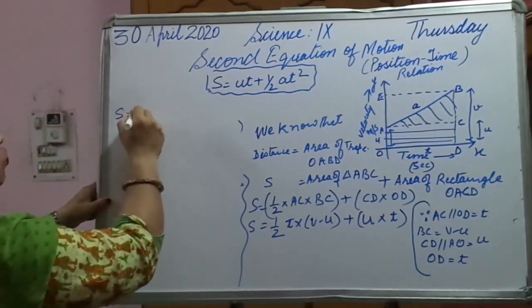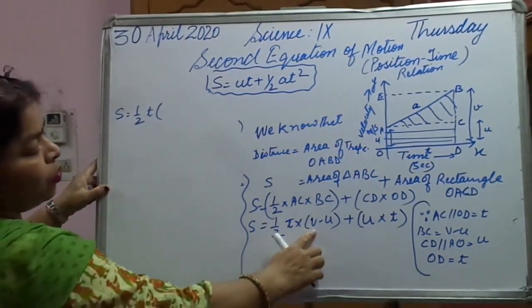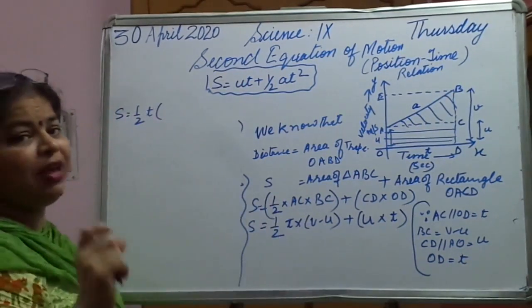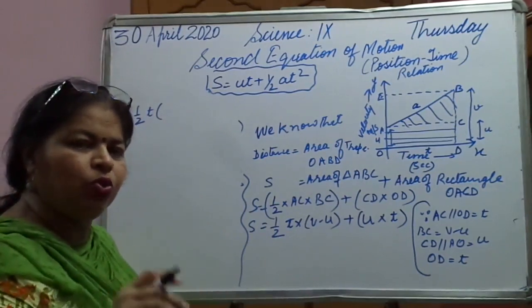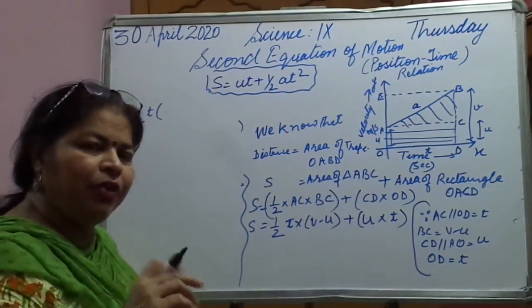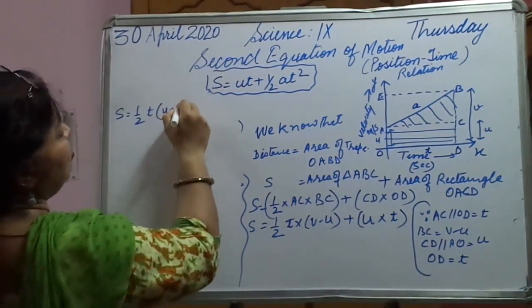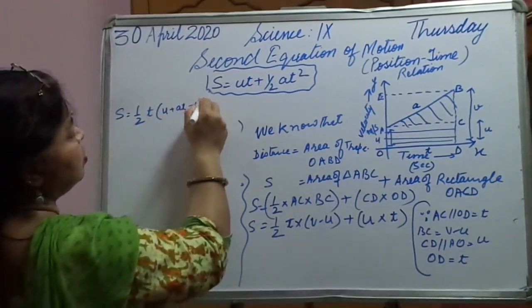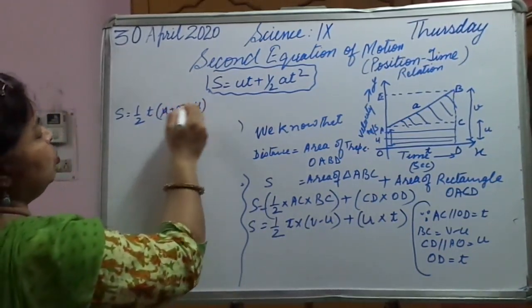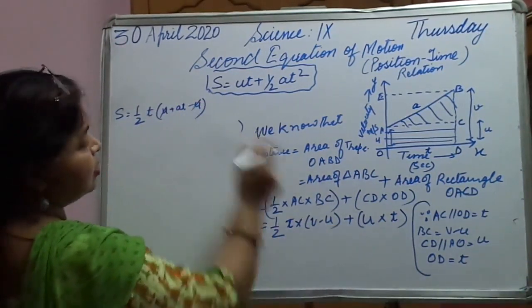S is equal to 1 by 2 into T into V minus U. Now what is the value of V from the first equation of motion? V is equal to U plus AT. So I write here U plus AT minus U. So U cancelled, and plus UT.